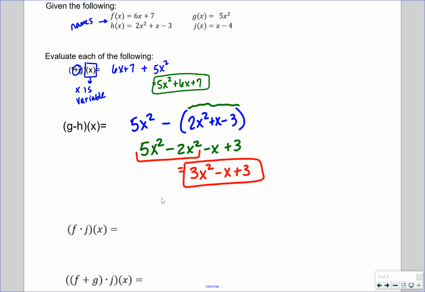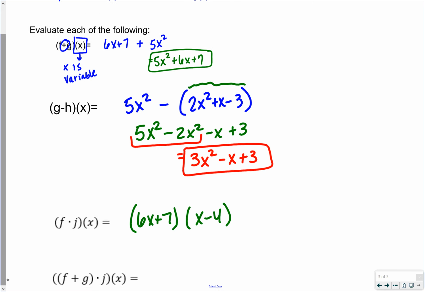Now I'm going to do f times j. I'm going to make this bigger in a second. F is 6x plus 7. J is x minus 4, and I'm doing multiplication. So essentially, we're just going to FOIL right here.